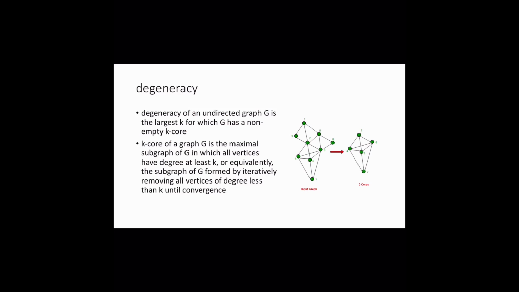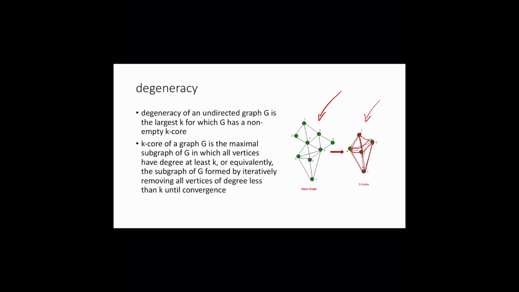So as a simple illustration, this is a 3-core of this graph, and all the vertices in this 3-core have degree 3. So that means that for a high value of degeneracy, the largest non-empty k-core has a high number of vertices.